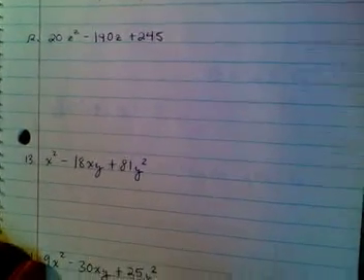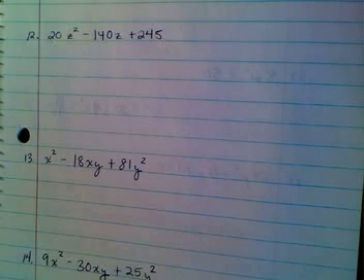Number 12. I see a greatest common factor of at least 5. So that's what I'm going to start out with. It's just dividing by 5.